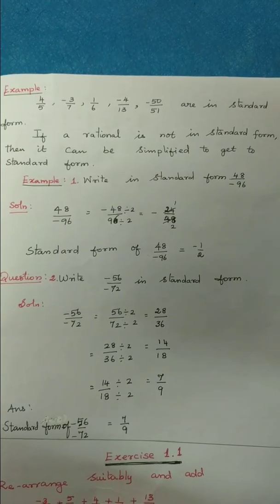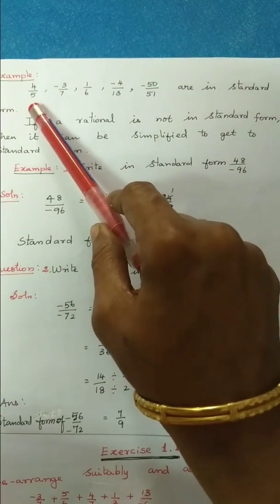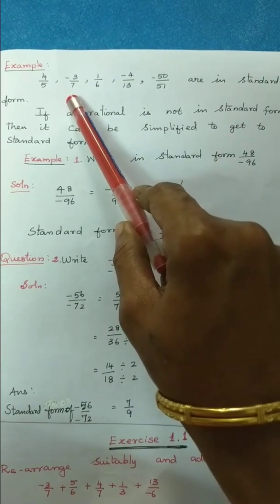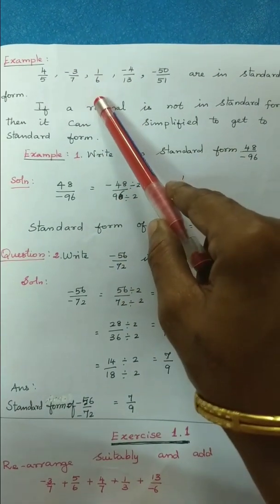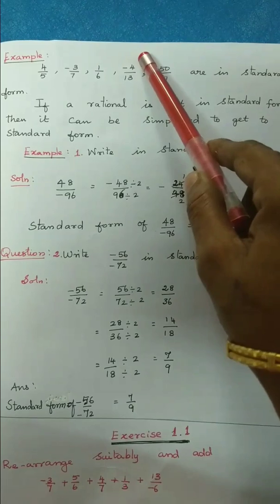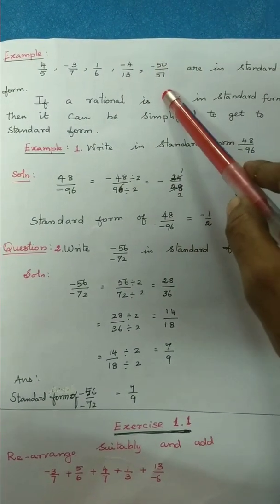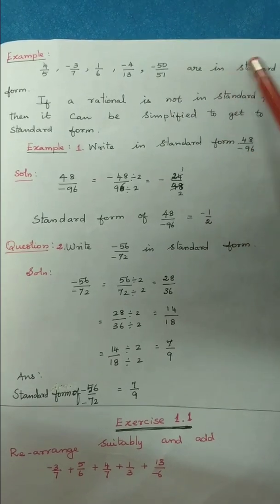Example: 4 by 5, minus 3 by 7, 1 by 6, minus 4 by 10, minus 50 by 51 are in standard form.